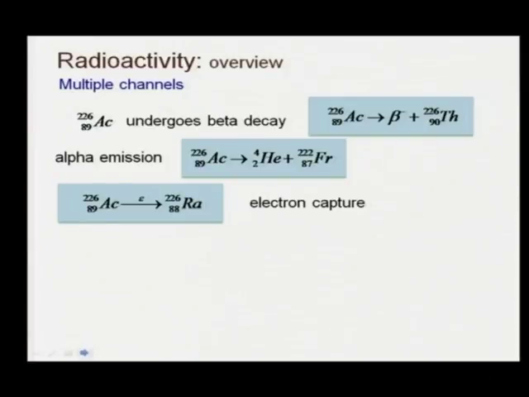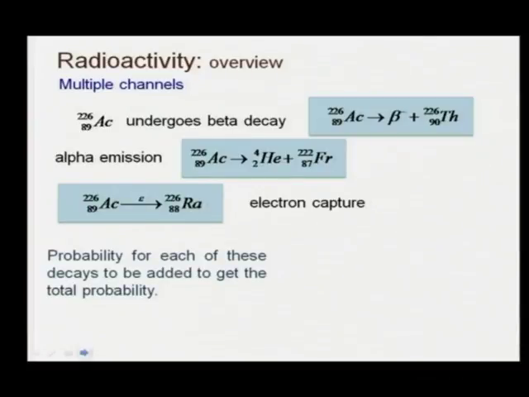Now, for such cases where there are multiple channels, multiple possibilities of decay, to get the total probability, you add all these probabilities.